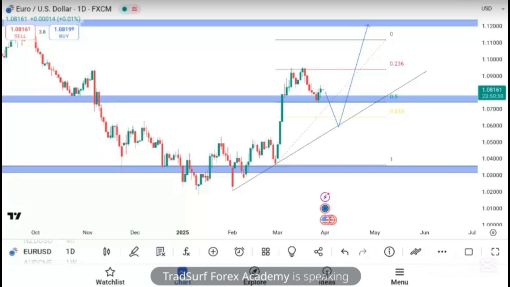So remember what I said about the 0.618. Personally, at times I prefer price to come into 0.618 before I take any trade. I personally avoid 0.5 because I know if I'm going in for 0.5, my stop loss will be wide. So let me avoid something that will make me take a higher risk.